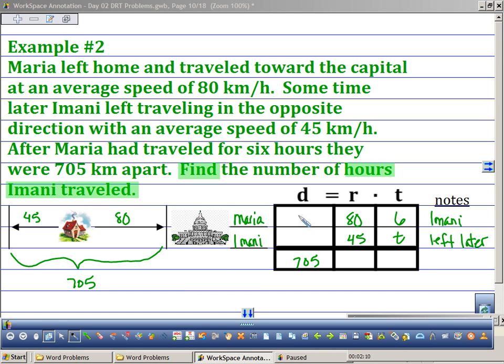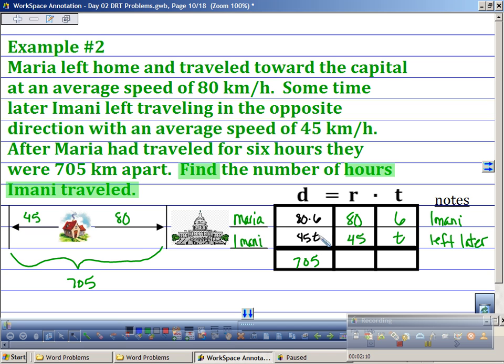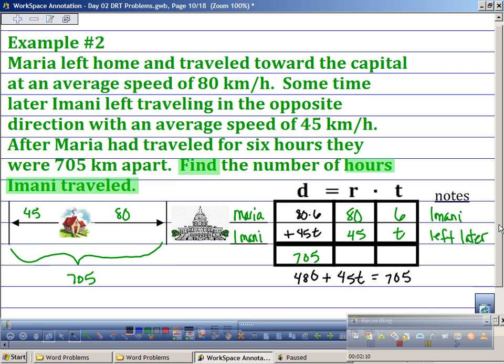What goes here? 80 times 6, and here? 45T. We're going to add those together, so let's write our equation. 80 times 6 is 480 plus 45T equals what? 705.